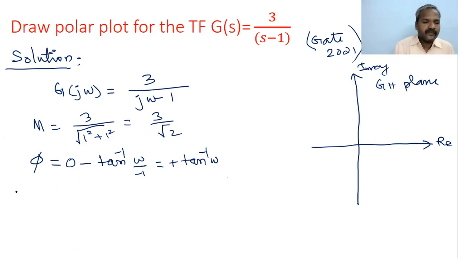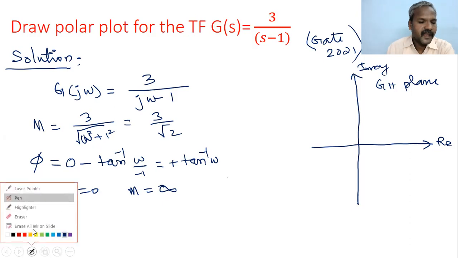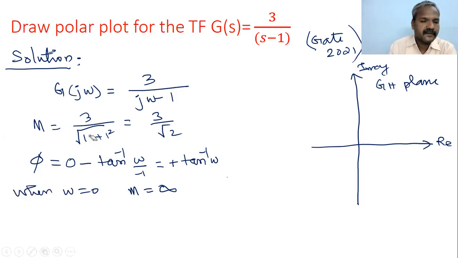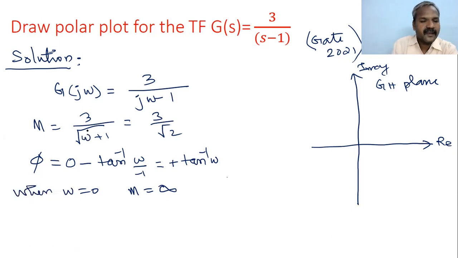So when omega equal to 0, what is the magnitude? The magnitude is omega square plus 1.